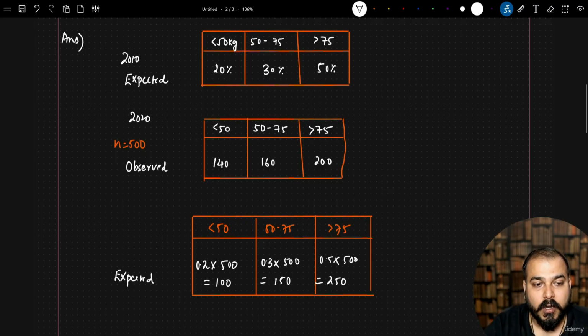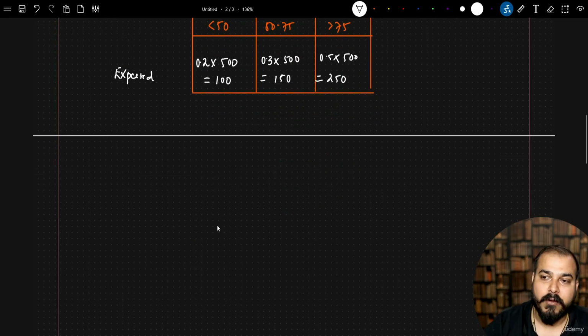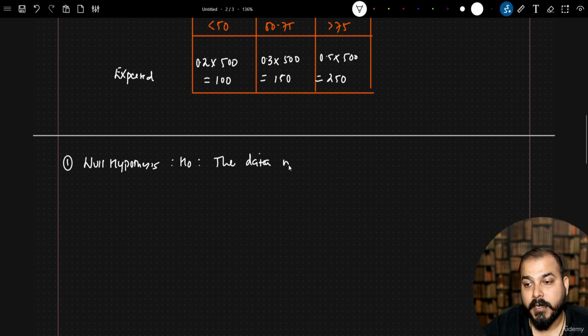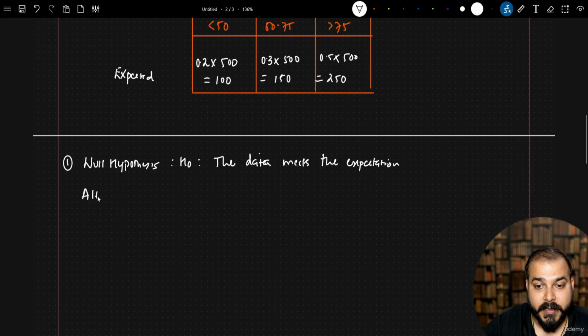So the next step, obviously, we'll write our null hypothesis. Null hypothesis is very simple to write in this case. So my null hypothesis, H0, says the data meets the expectation. Then what is my alternate hypothesis?